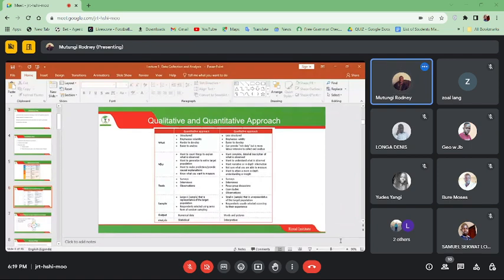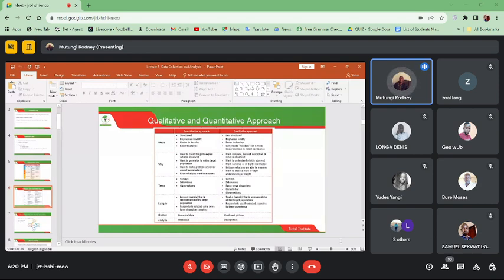So basically, you realize that these approaches, qualitative and quantitative, are needed in different settings. Quantitative can be used when you want to generalize to the entire target population, and qualitative when you want some in-depth information, when you want to go deeper.